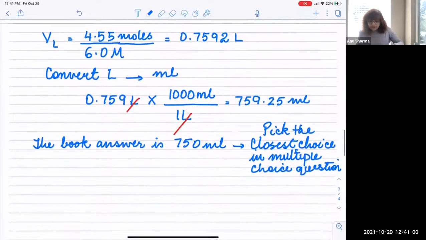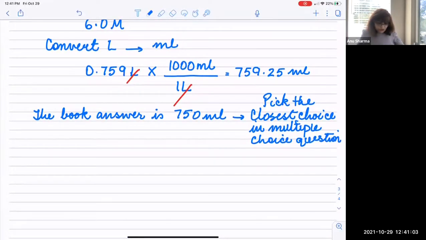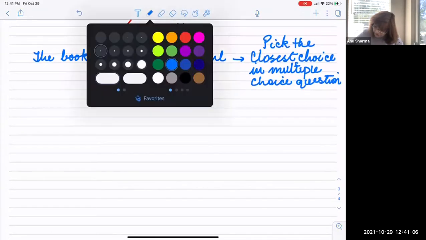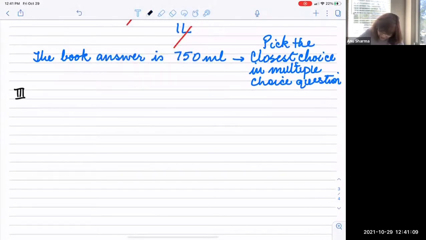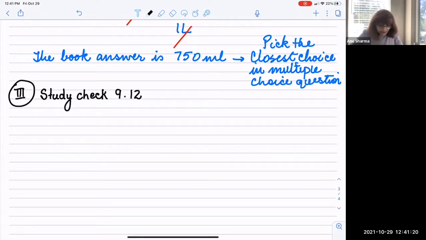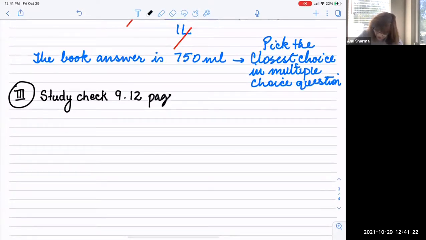Okay, so that's one thing. Now let's look at chemical reactions in a solution. Here we are going to do the third one, which is the study check 9.12, on page 346. Using the reaction in sample problem 9.12, the reaction is zinc as a solid reacting with 2 moles of HCl, aqueous.